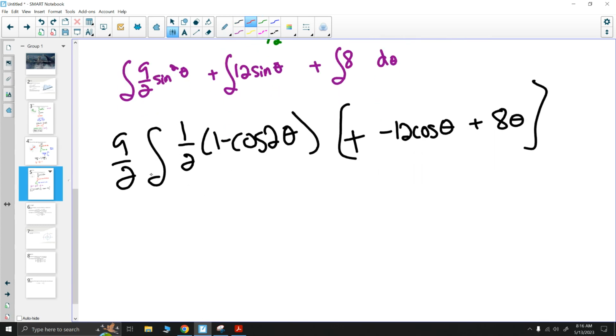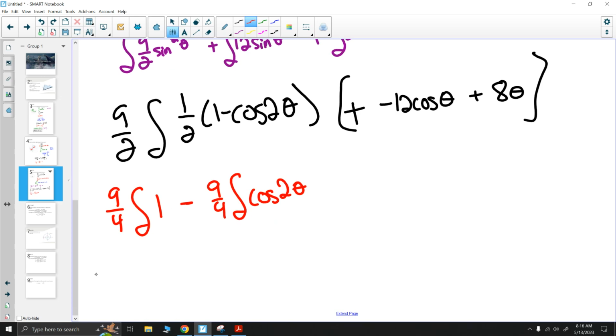So this would be 9/4 times the integral of 1 minus 9/4 times the integral of cosine 2 theta. Again, this 9/4 is in each of them, so I pulled this 1/2 out to make that 9/4, and then I can split these into two integrals as well. So we end up with 9/4 theta minus 9/4 times the integral of cosine, which is going to be sine, 2 theta, and then it's over 2.